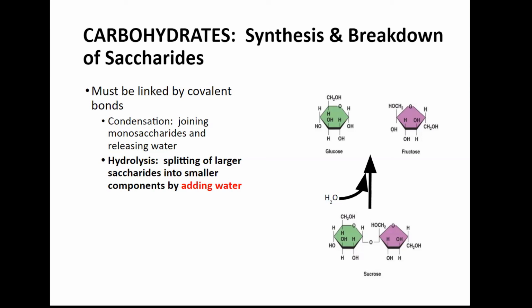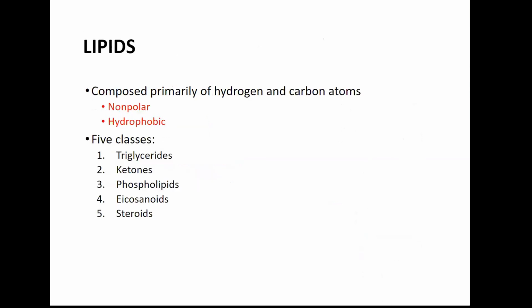Okay, we're gonna move on to lipids. Lipids are different than carbohydrates, partially because we're not going to see oxygen. Lipids can sometimes be really simple molecules chemically. We're going to have just hydrogen and carbon, and we'll sometimes see other groups attached at the ends of lipids, but they don't form the main part of our lipid molecule.